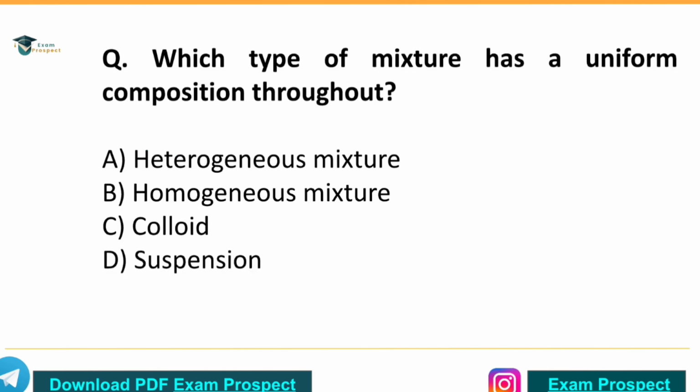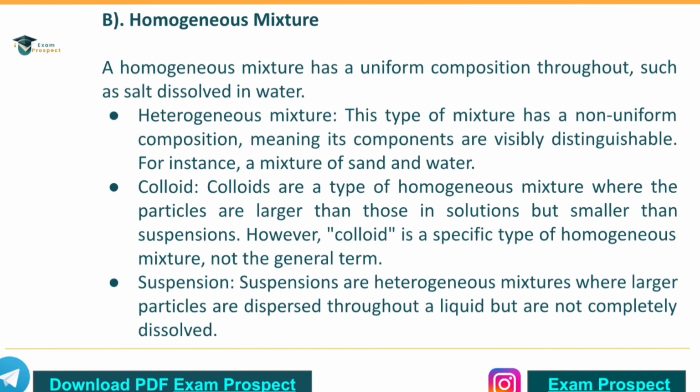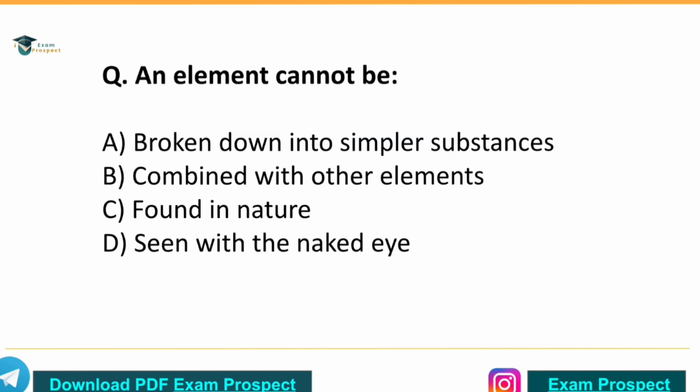Next question, which type of mixture has a uniform composition throughout? The correct answer is option B, homogeneous mixture. Next question, an element cannot be? The correct answer is option B.